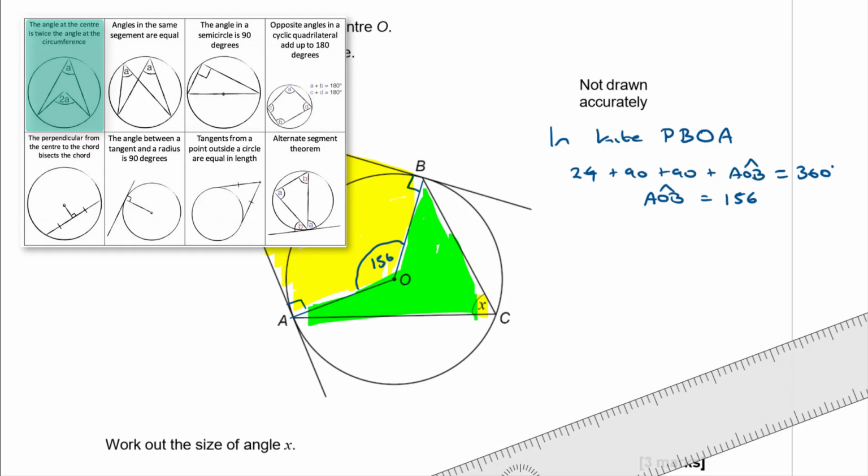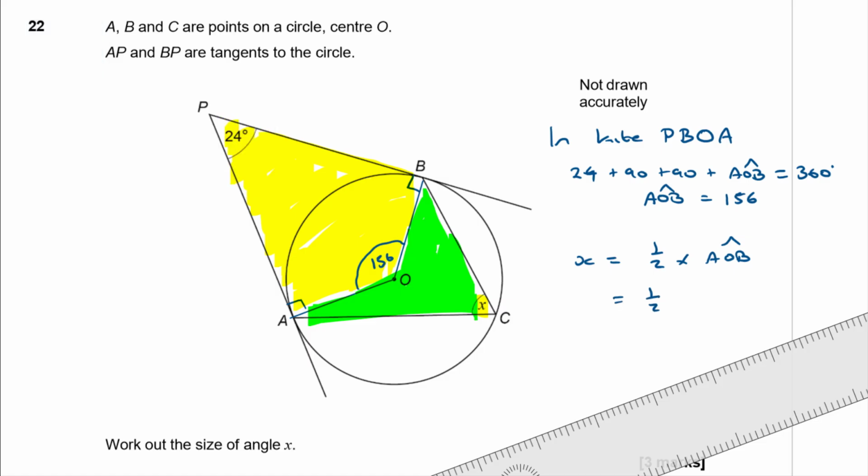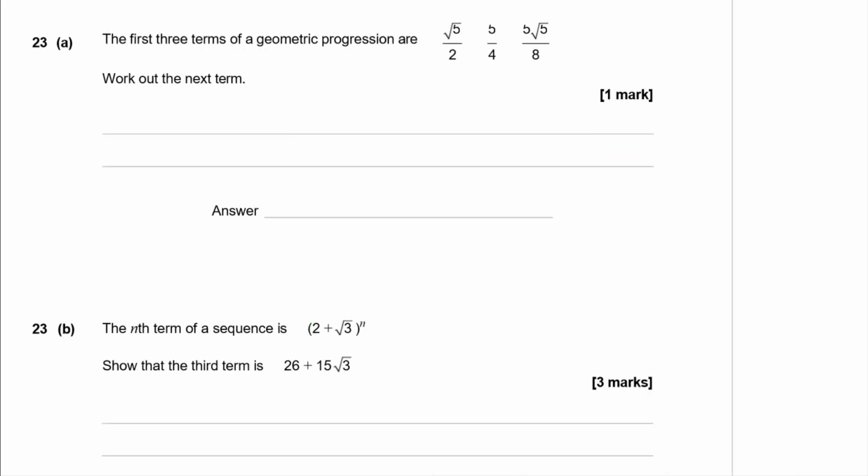So my angle X is going to be a half of my angle AOB, isn't it? So it's going to be a half of 156. What's that? 78 degrees. Yeah, so that's that. Angle X is 78.